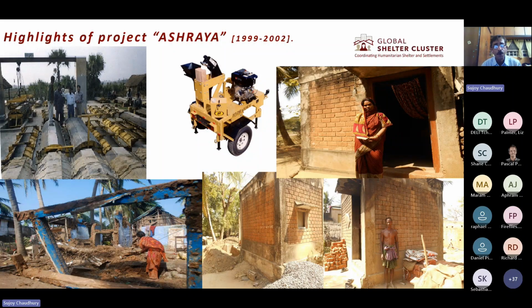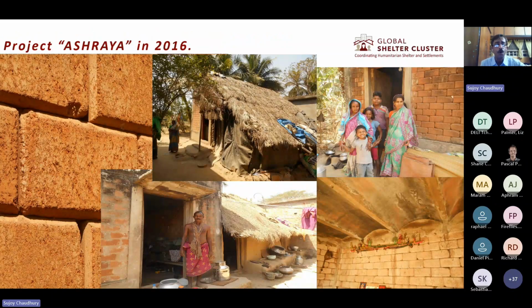Anyway, personally, I retain my interest in these projects and have been visiting this project over a few years. I visited once in 2009, then again in 2016. So this is 2016, and you can see some of the pictures.